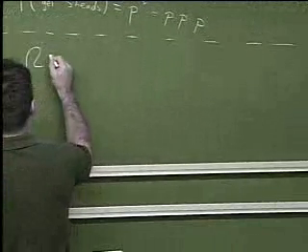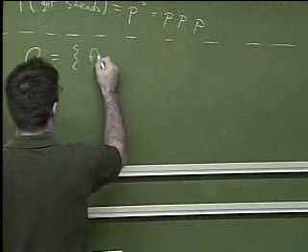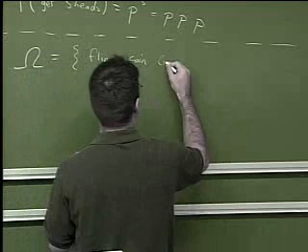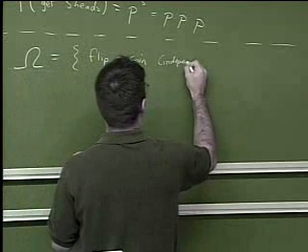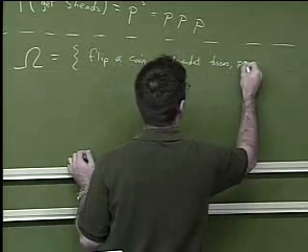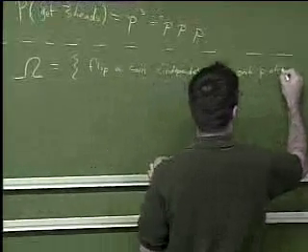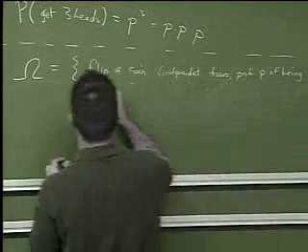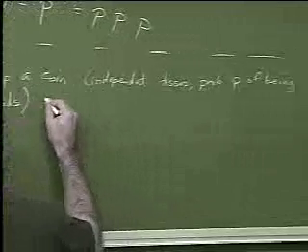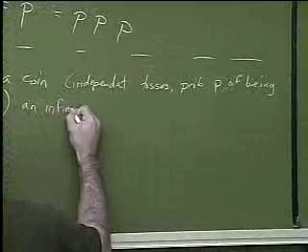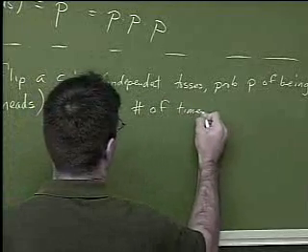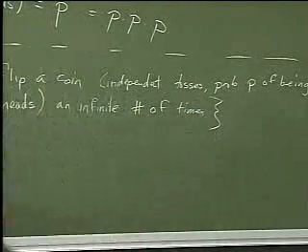So omega will be the space of flip a coin. That's independent tosses. Probability P of being heads. An infinite number of times. Okay, so that's our event space.